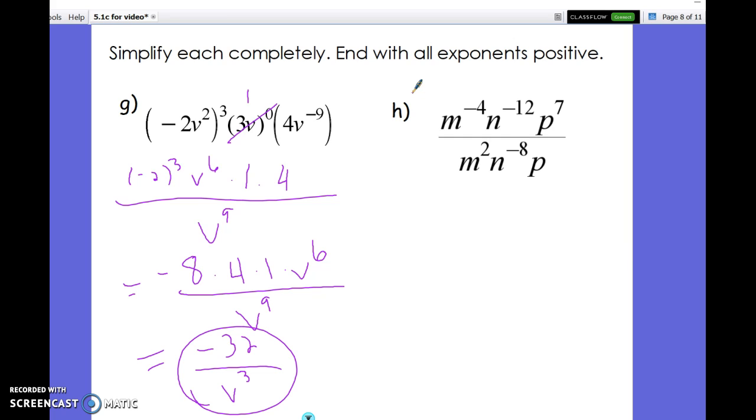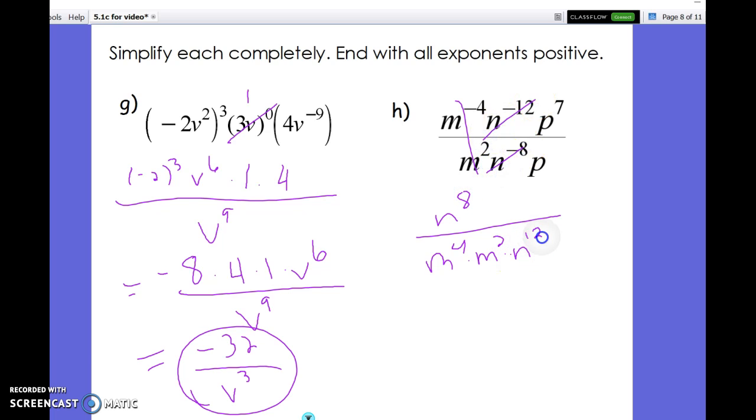Again, a couple different methods you could do. You could simplify them first, or you could get your negative exponents in the correct place first. It doesn't really matter. It's just your personal preference. So I'm going to put them on the right half of the fraction first. Okay, so my m to the 4th is going to come to my denominator. M squared stays in my denominator. N to the -8th is going to come to my numerator.